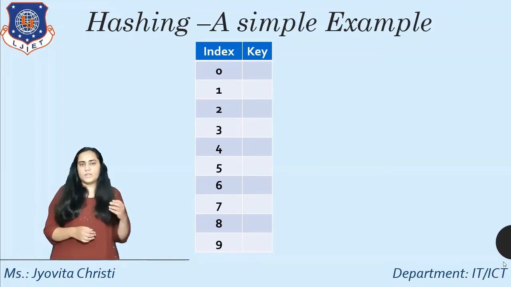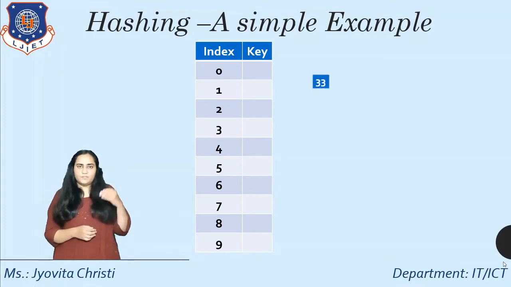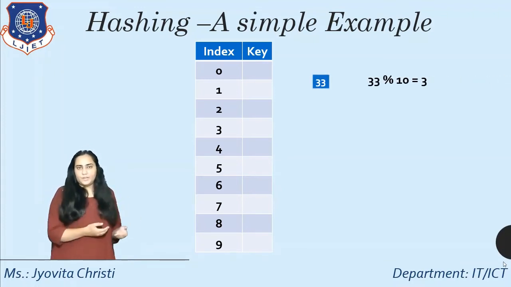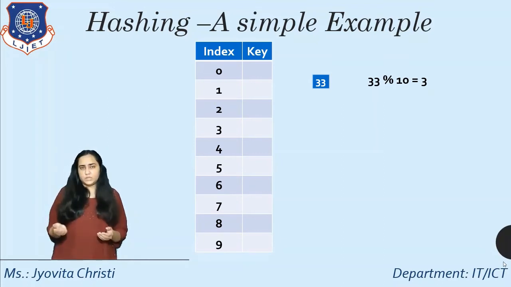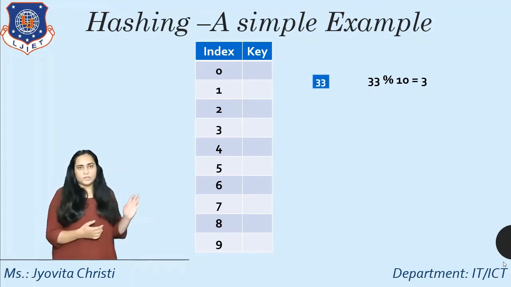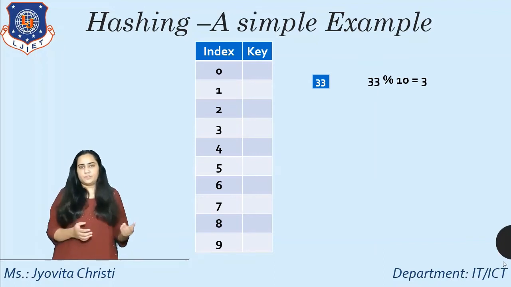If you pass a value to it, it is going to divide that value by the size of the table, and then whatever is the remainder, that will be the index in which you will store that key. I'll explain that in a little bit, but you just need to understand first the basic concept of what a hash function is.